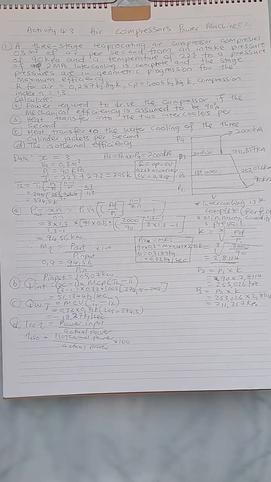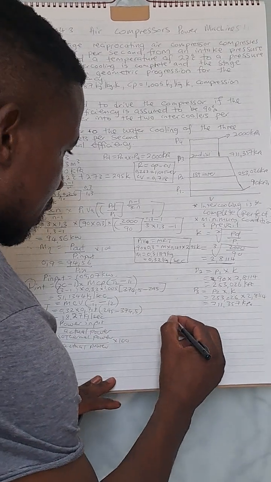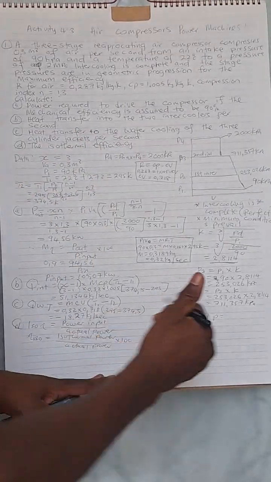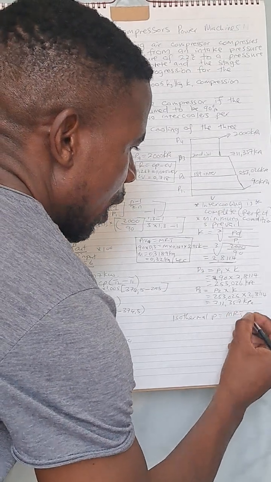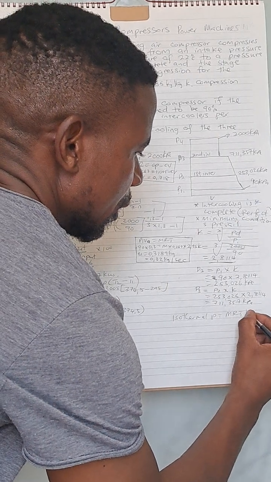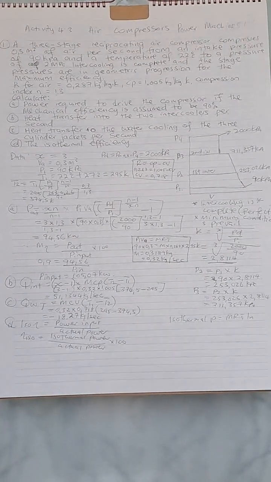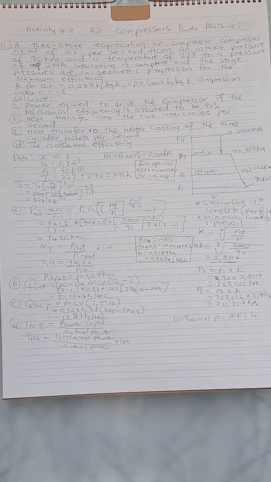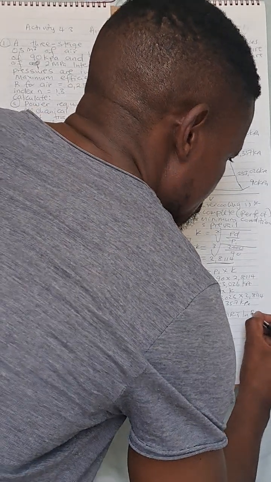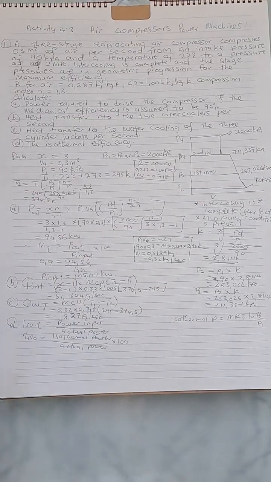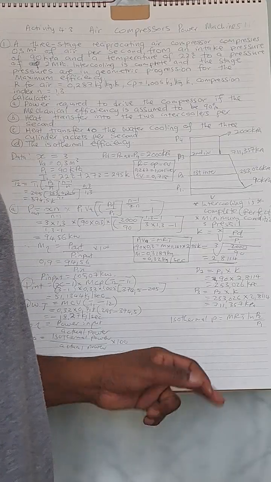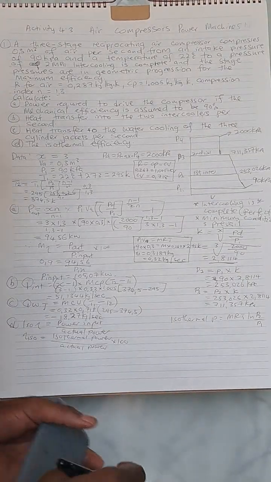For the formula for isothermal power, we can use isothermal power equals MRT1 ln of P2 over P1. Alternatively, we can use isothermal power equals P1V1.